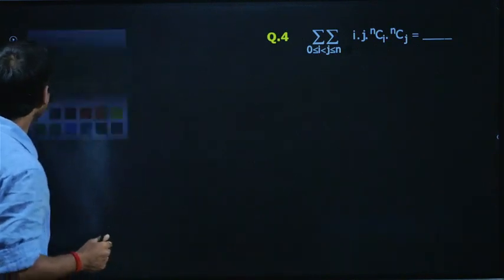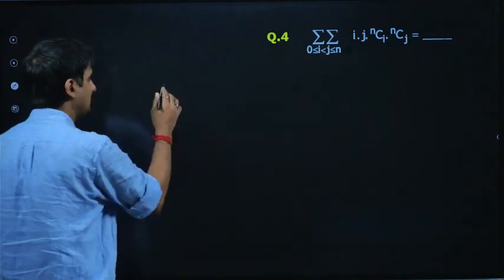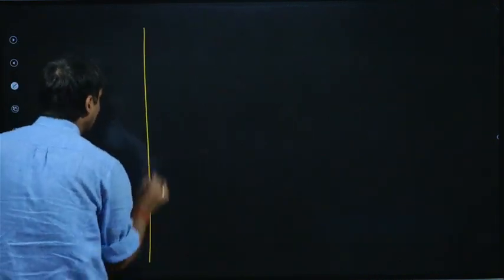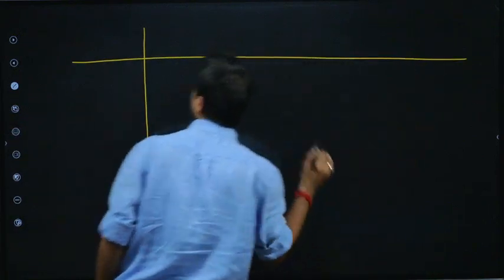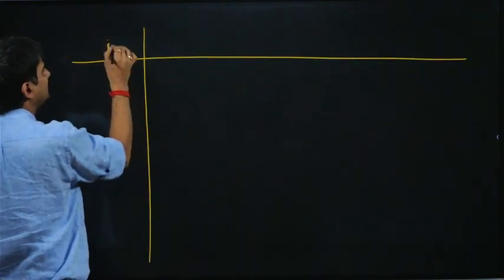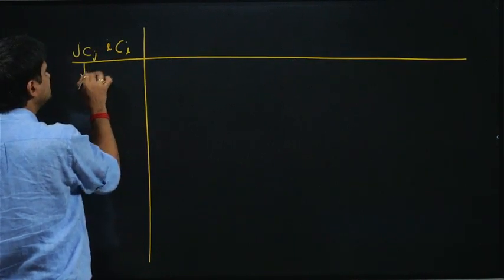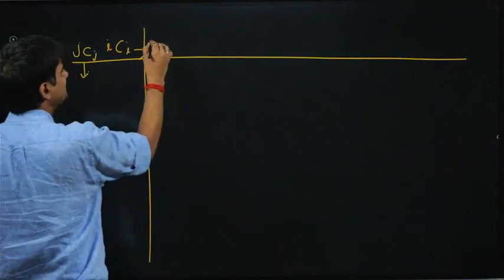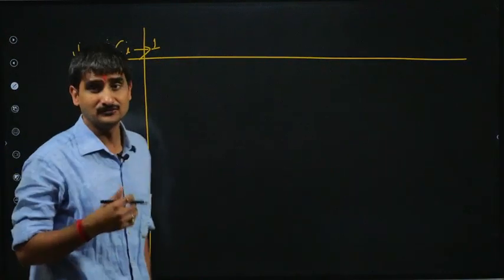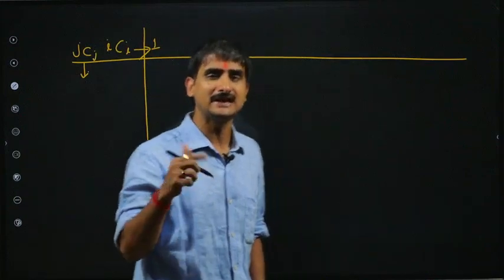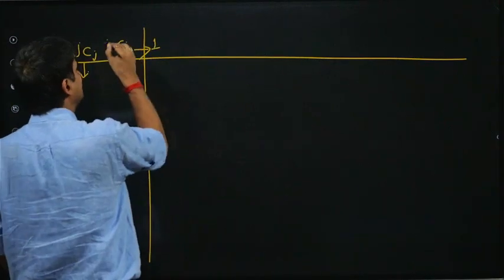So what's the method? I will say, okay, let's complete the matrix. So I will like to form a matrix here. So the matrix will be something like this. Along the row I'll be writing iCi, and along the column I'll be writing jCj. Okay, so that means this is i, and of course when I'm writing Ci, that means nCi. Okay, that's for sure. So i into nCi.